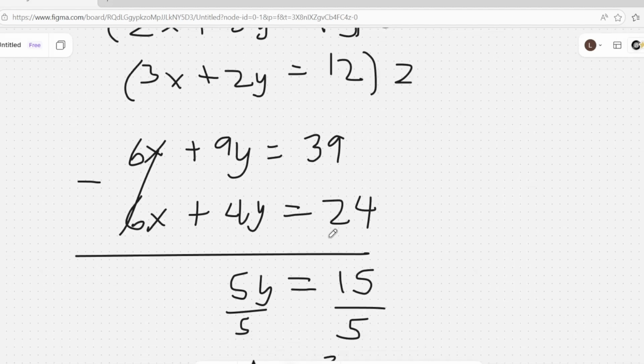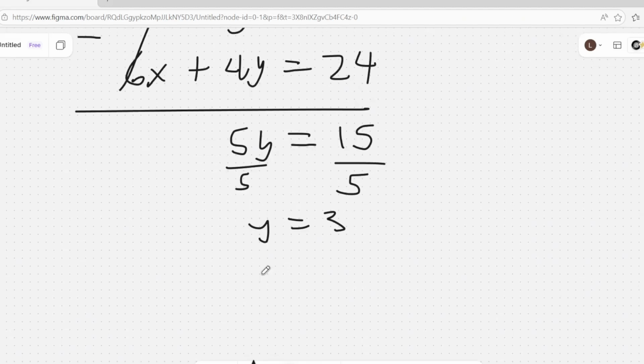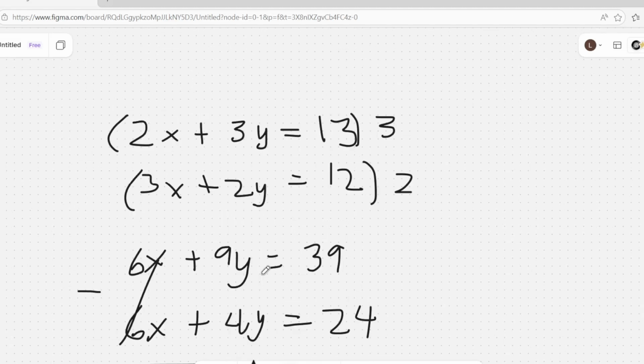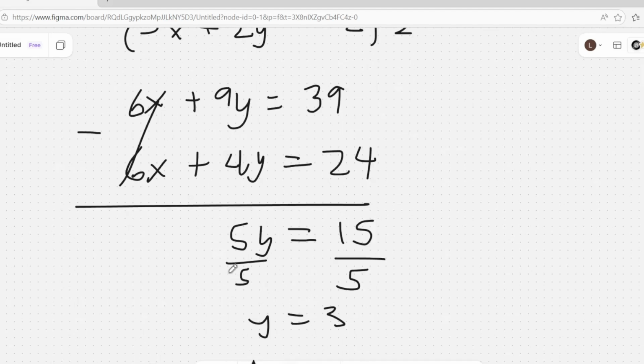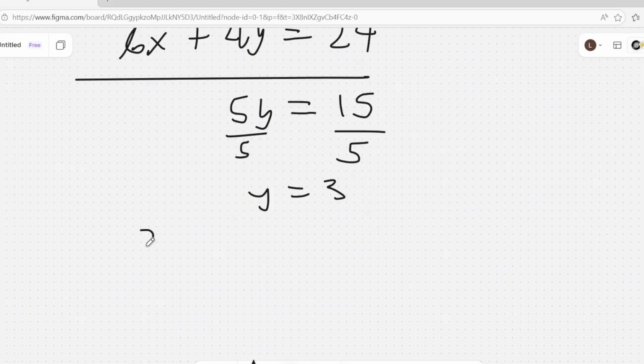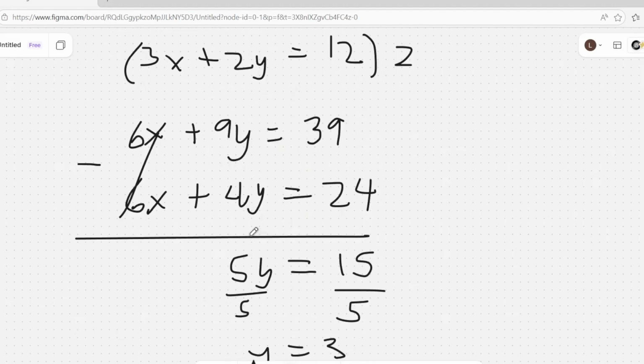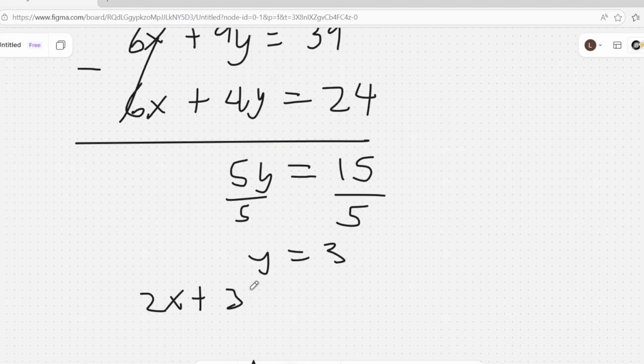After that, we can simply substitute the value of y into either the first or second equation. Let's try the first equation. So the first equation is 2x plus 3 multiplied by y, which is 3, is equal to 13.